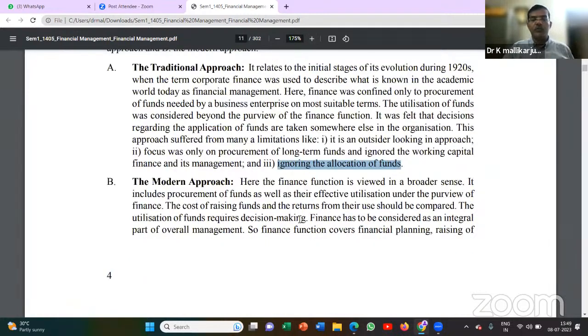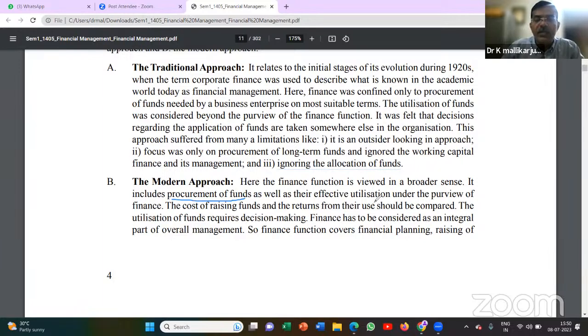But in the modern approach, a lot of changes have happened as market size has increased, with the global economy, emerging theories, and new kinds of business models. In the modern approach, the financial function in the wider sense includes both procurement of funds as well as utilization of funds.